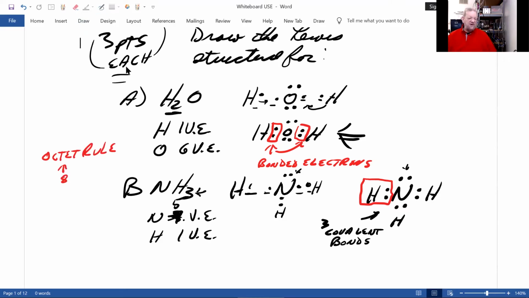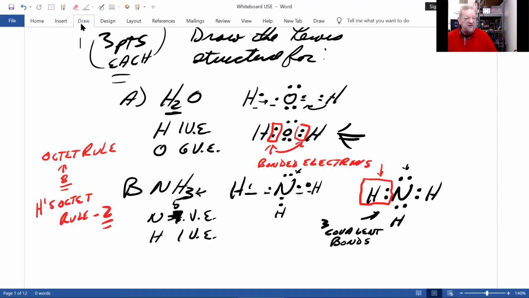And the octet rule is atoms want to lose, gain, or share electrons so they have 8 valence electrons around them. The one exception is hydrogen. Hydrogen's octet rule number is 2. And notice this hydrogen has 2 electrons, so it's happy.